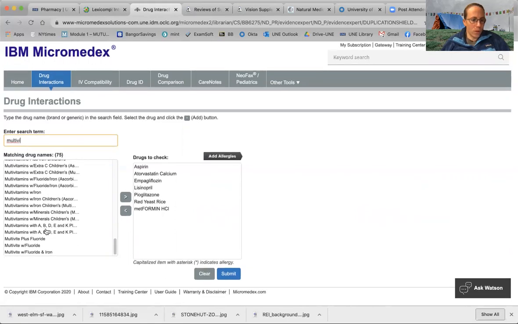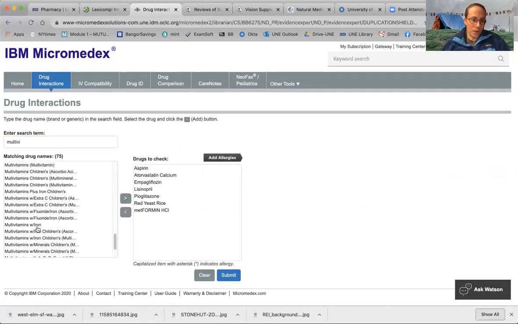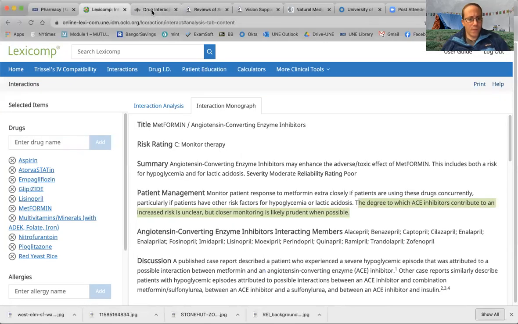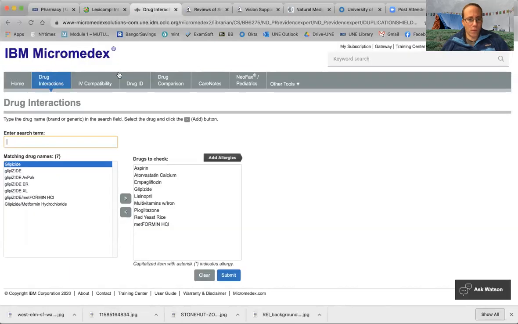Wow. So this could be potentially overwhelming on top of that. Let's just pick multivitamins with iron. Let's see, what else am I missing here? We had glipizide and they get nitrofurantoin.